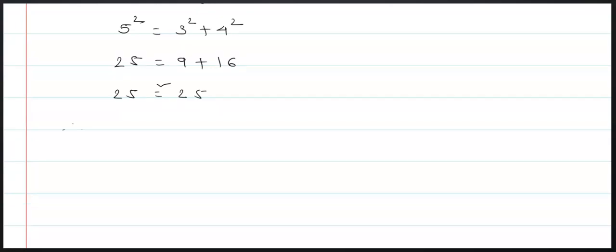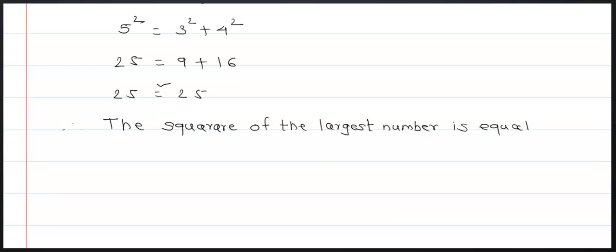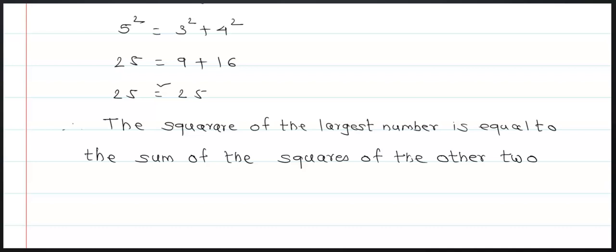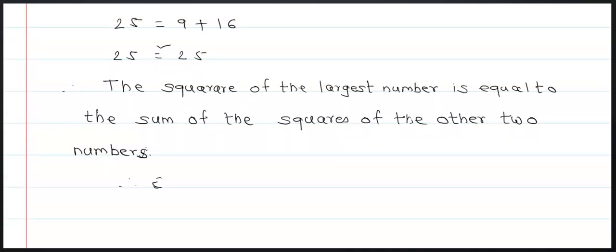And hence, the square of the largest number is equal to the sum of the squares of the other two numbers. 3, 5, 4 is a Pythagorean triplet.